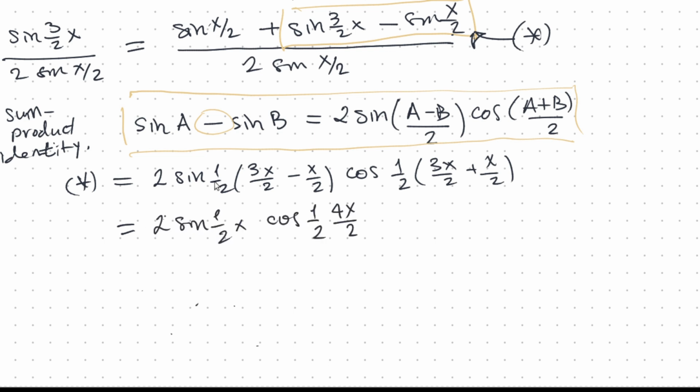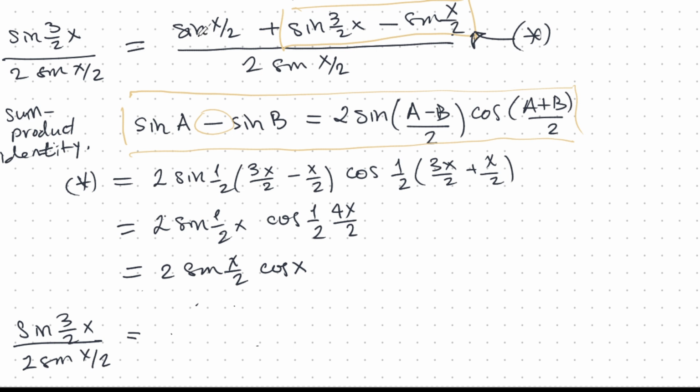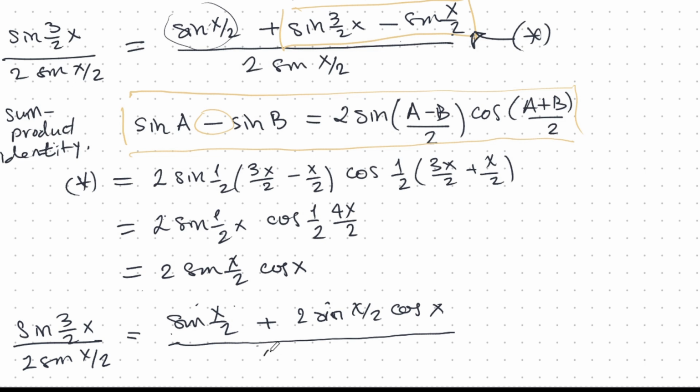And I get this, and remarkably, it gets simpler. This is sine x over 2, and this is cos x. Wow. All right, let's put that back in. We get sine x over 2 plus, now the yellow box simplifies to sine x over 2 cos x, all divided by 2 sine x over 2.